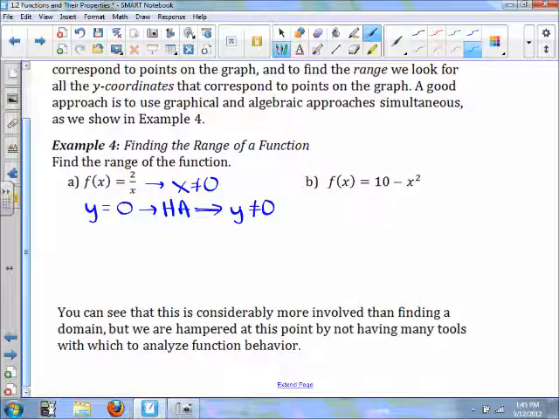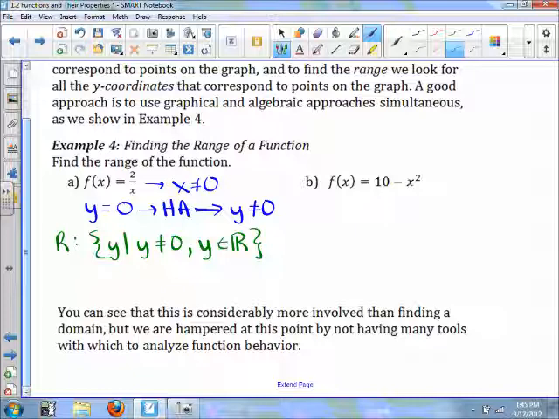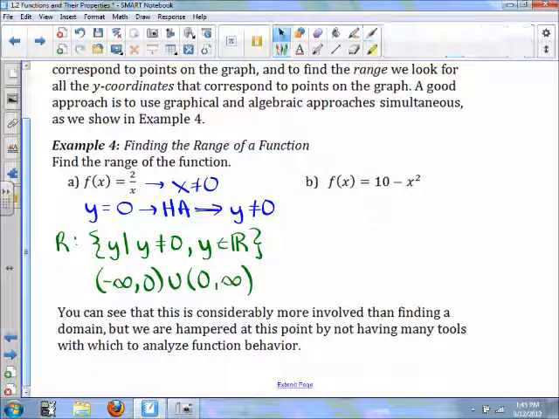So my range will be y such that y cannot equal 0, where y is an element of the reals. Also in interval notation, negative infinity to 0 union 0 to infinity.